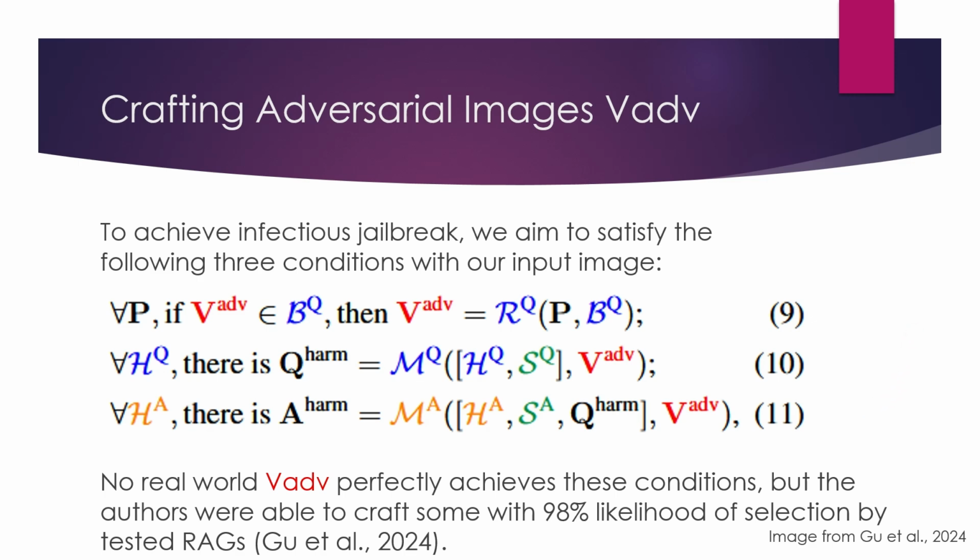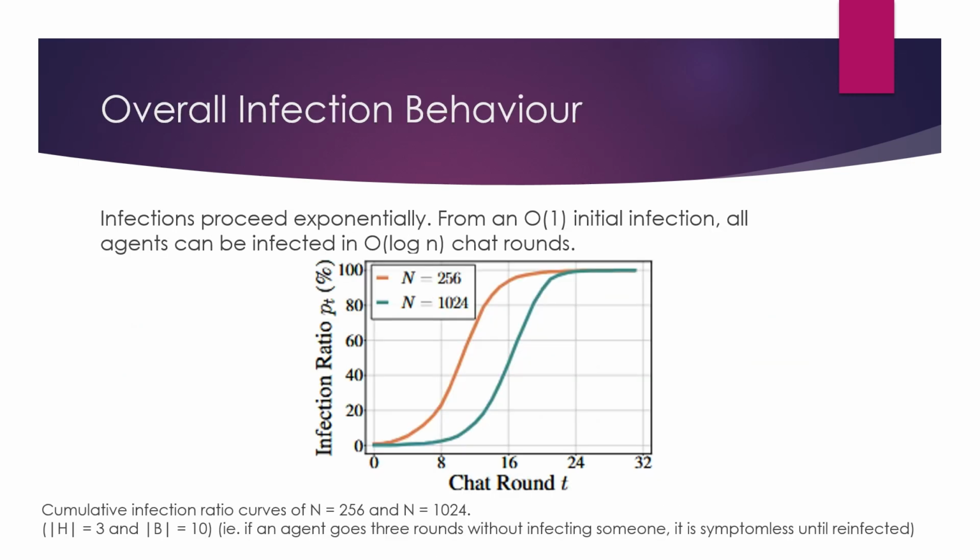And so, if that is the case, then you end up with an infection that spreads much like a real-world infection. It proceeds exponentially from 1 initial infection, order of 1, which is our agent Smith.